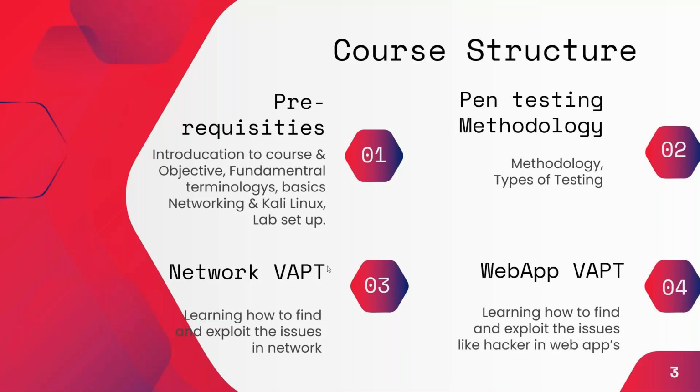In network, we will learn how to do it manually. Then of course we use automated or corporate tools like Nessus and Qualys for vulnerability assessment, and for penetration testing, we use Metasploit. When it comes to web application penetration testing, we'll first start with the OWASP Top 10 vulnerabilities.